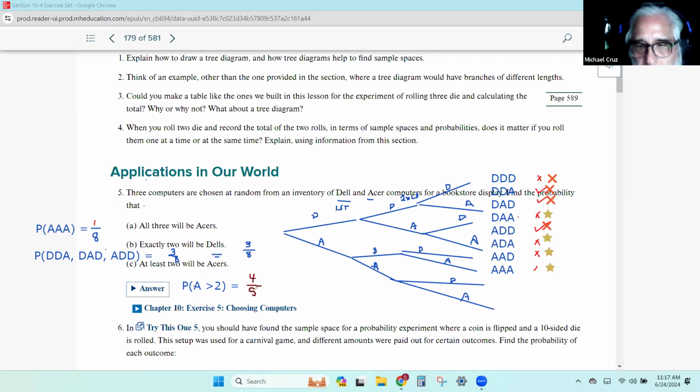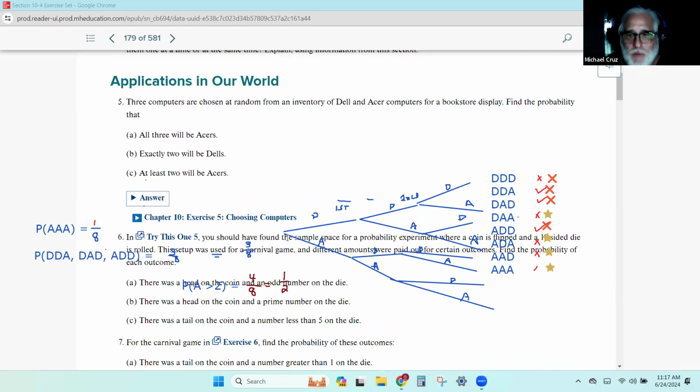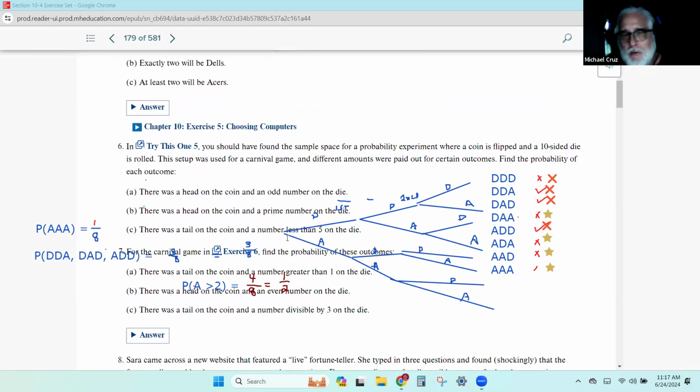And there's a total of 8. So the probability of at least 2 is 1/2.